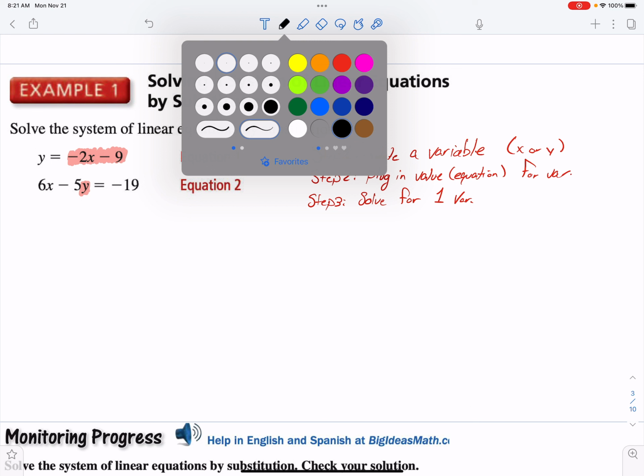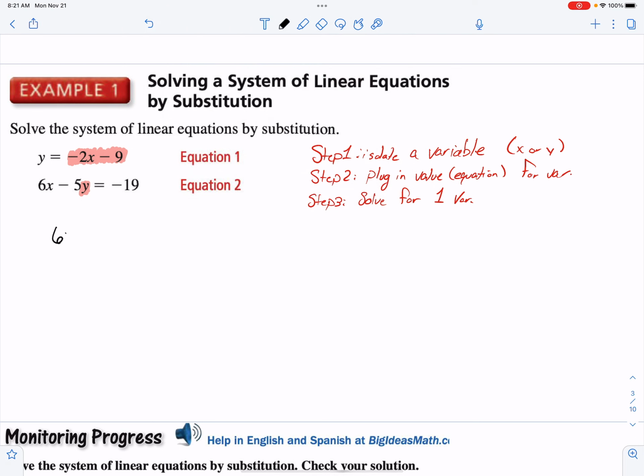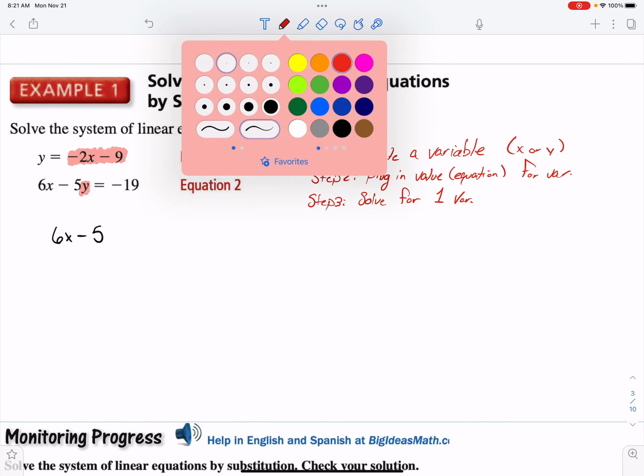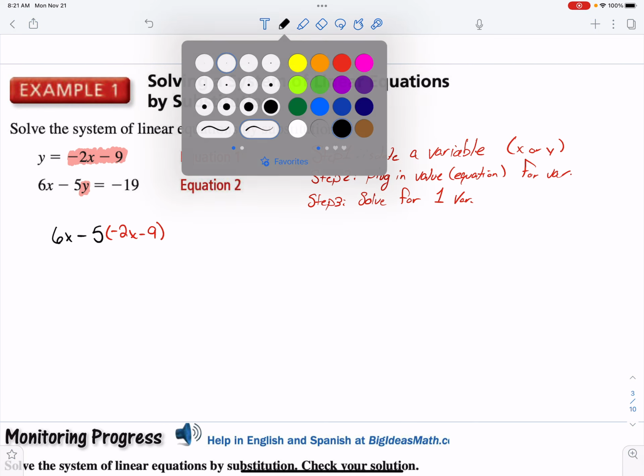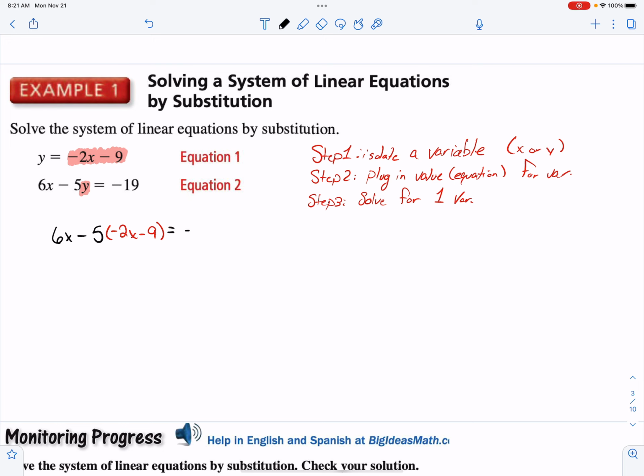So we copy down exactly what that equation says, 6x minus 5. And instead of writing the y, I'm going to write negative 2x minus 9. And then I finish my equation, equals negative 19.